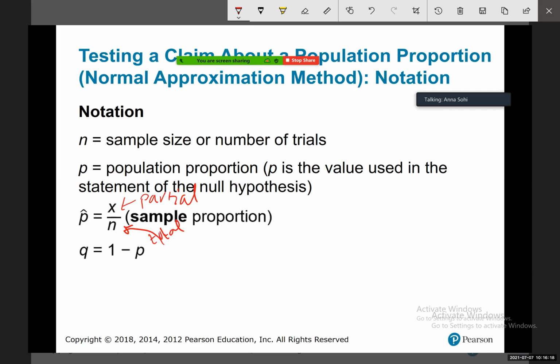And then q is the failure, which is 1 minus success. And that's proportions, of course, the failure proportion. So these are just notations we are using in this section. Please write them out.